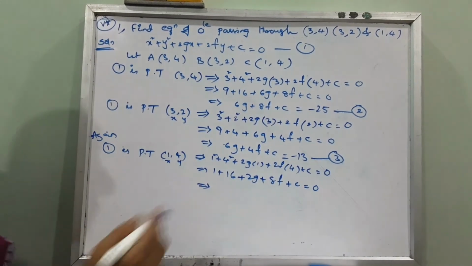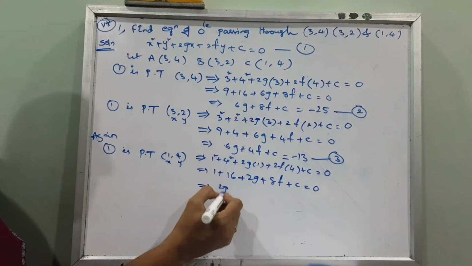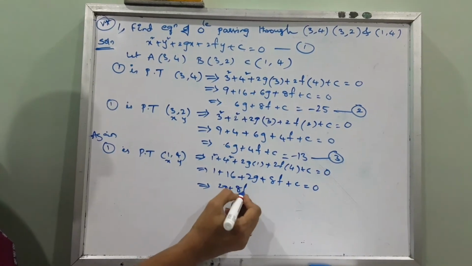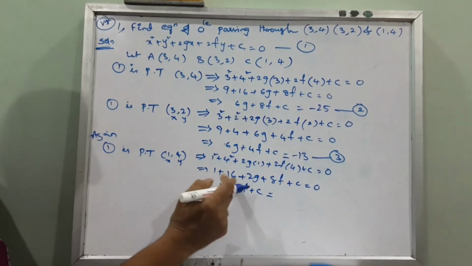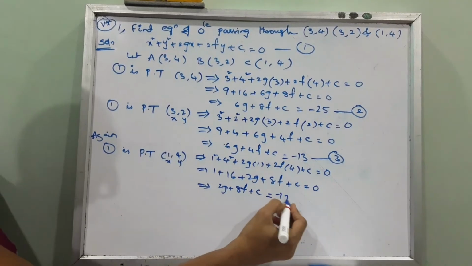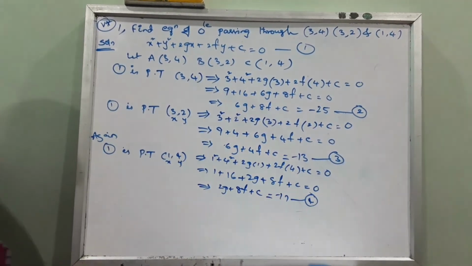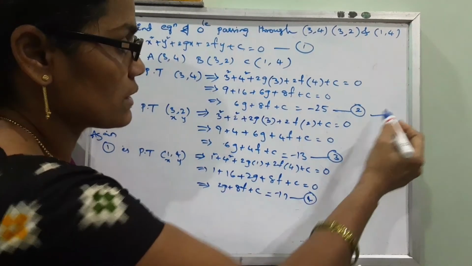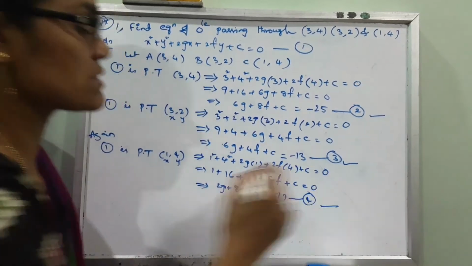This implies 1 plus 16 is 17, so 2g plus 8f plus c is equal to minus 17, from this side. Equation 4.